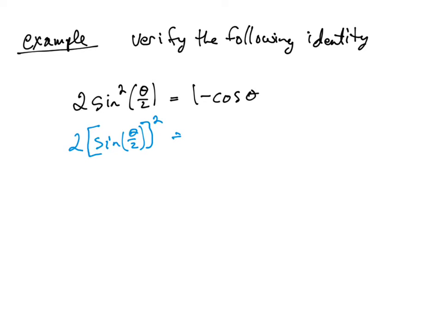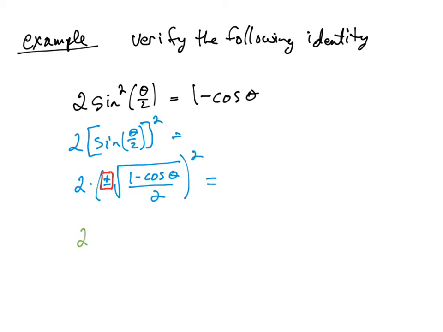So we're going to have 2 times the square root, plus or minus, of 1 minus cosine theta over 2, and we're going to square that. When we square a radical, we just get the radicand. And since we're squaring, it doesn't matter whether we were starting out with a positive or negative. A positive squared is positive, and negative squared is positive. So either way, we end up with a positive value here.